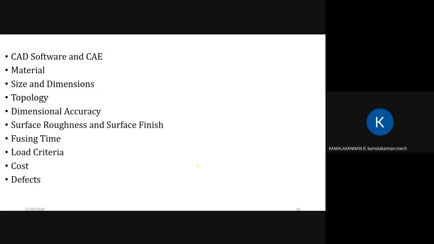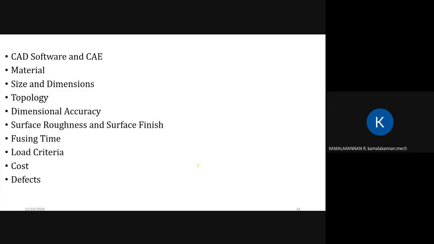The important design parameters we have to take into account for FDM are CAD software and CAE. Proper CAD software is needed, and data should be transferred properly to the 3D printer machine. CAE means analysis engine, and we don't have any particular one for 3D printers.